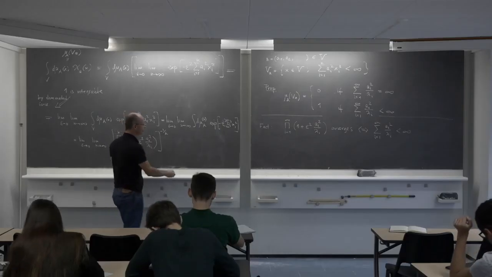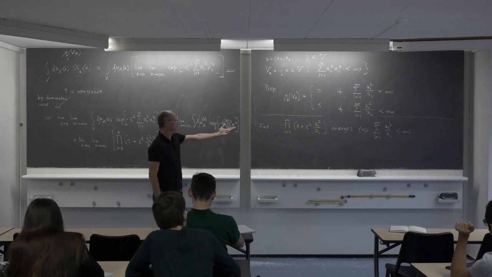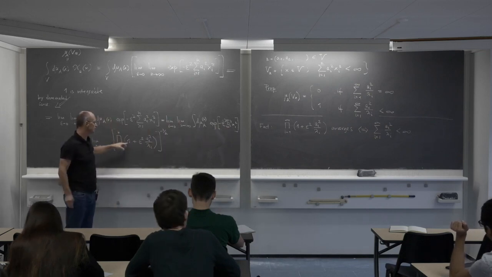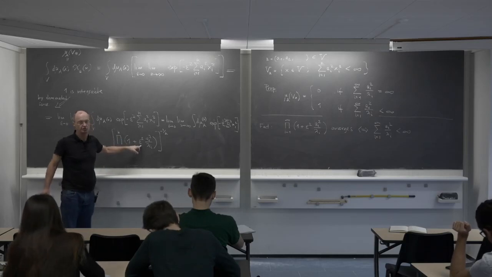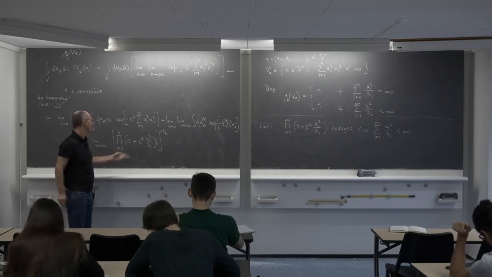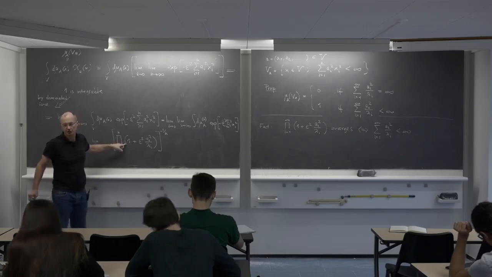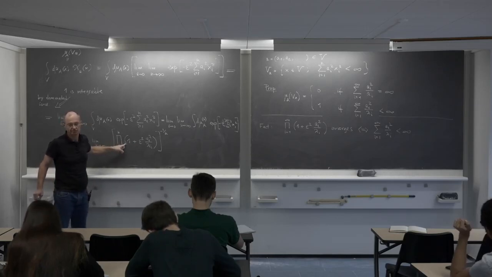Right? So now assuming that it converges, it gives some expression which depends on epsilon. And if we send epsilon to 0, it will give us 1, right?